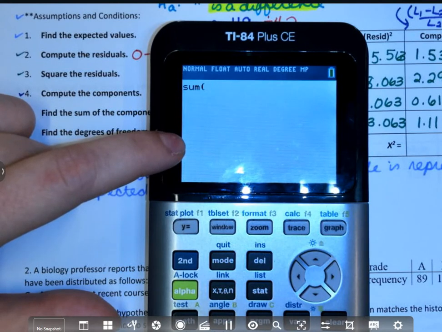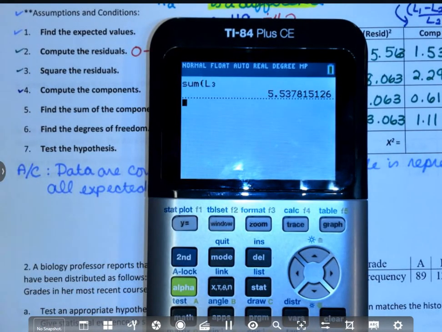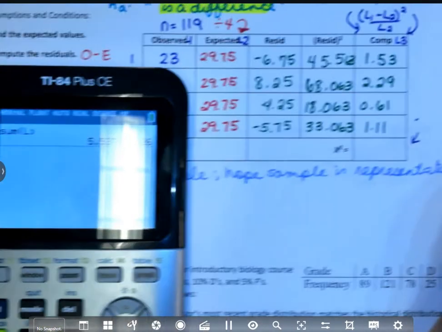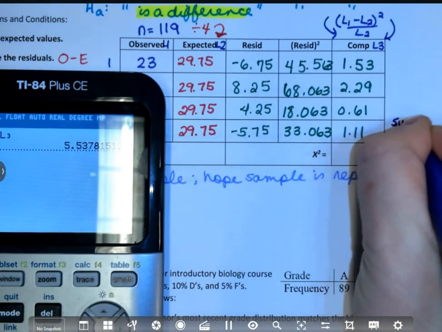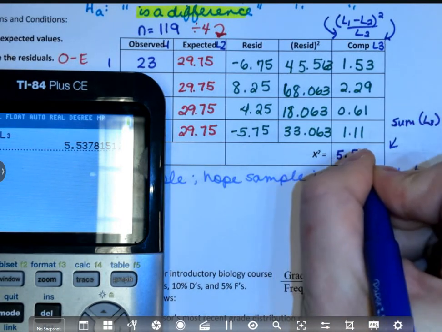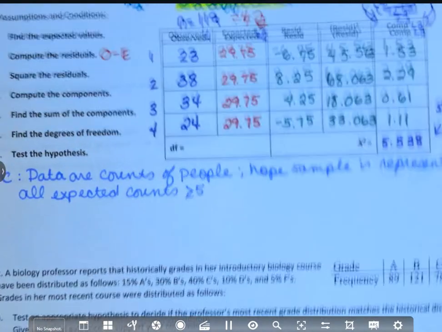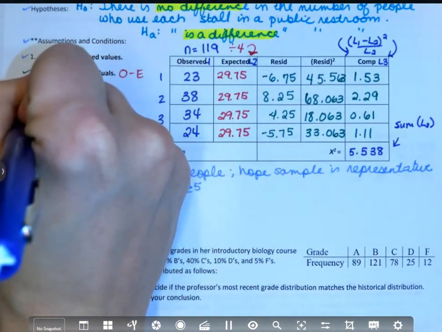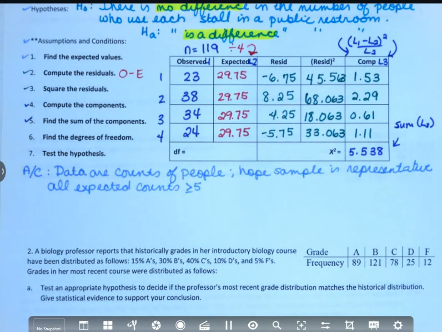I'm going to do 5, list 3. So what I just did is I did sum of list 3, and it gave me 5.538. So far, so good.